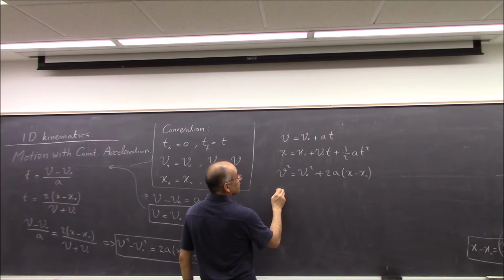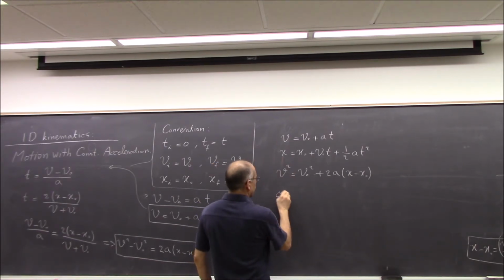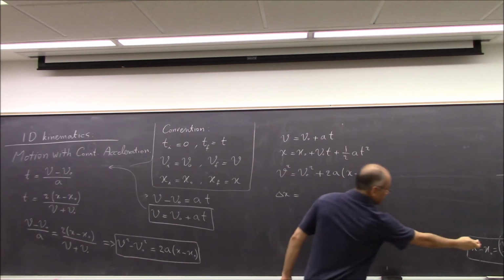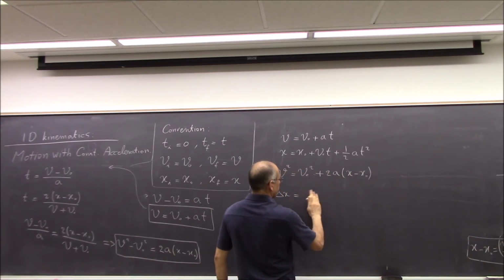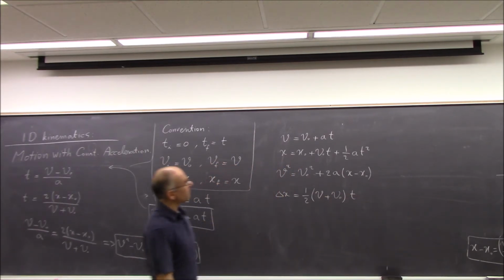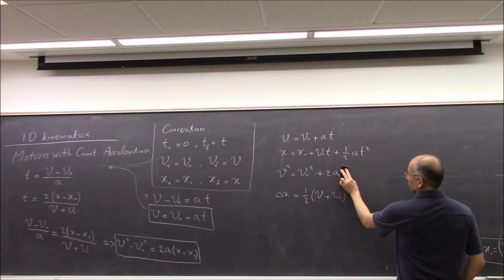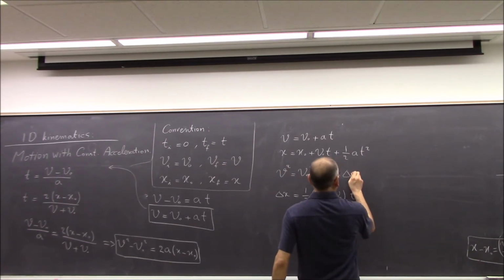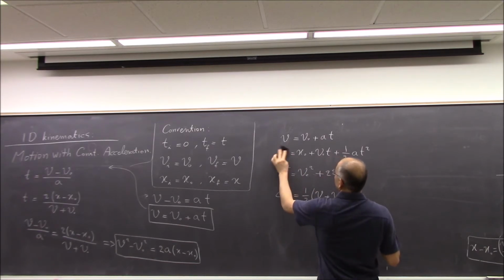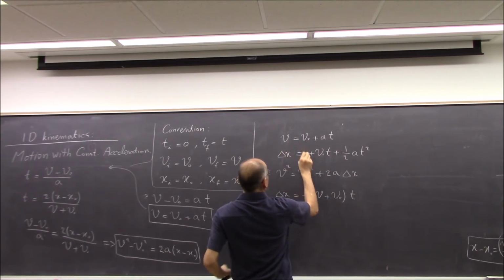Delta x from this equation is 1/2 of v plus v naught times t. So if I use delta x, I would replace this by delta x.